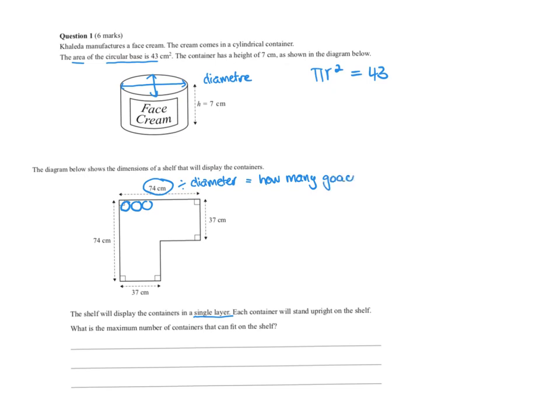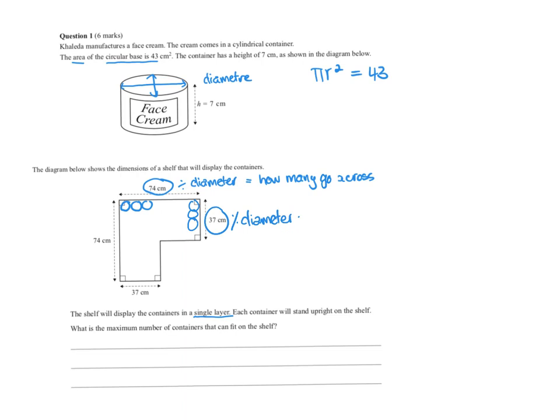And if we go across, and then if you divide the other way, if we divide 37 also by the diameter, we'll see how many we can go along there as well.